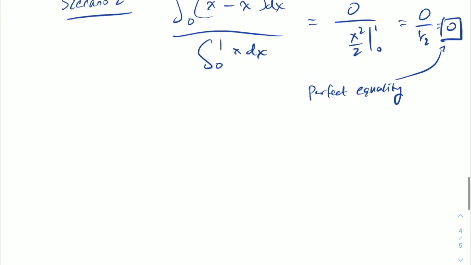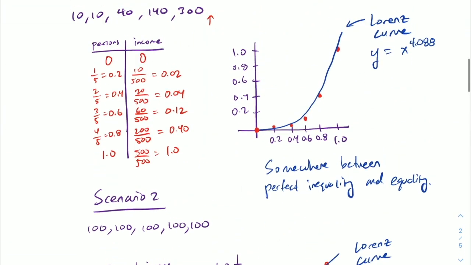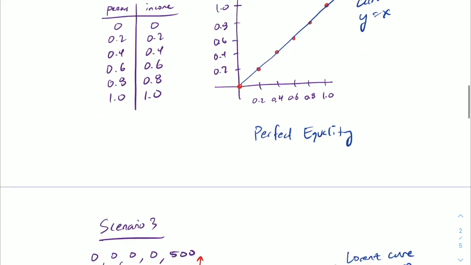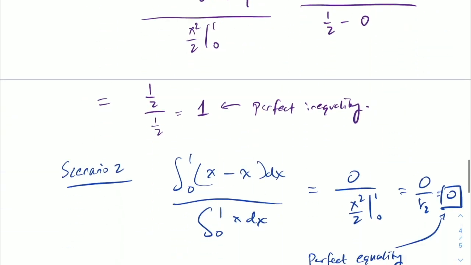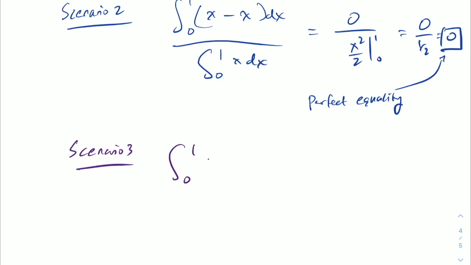Now let's look at scenario 1 to figure out where exactly between this 0 and 1 for the Gini coefficient this situation lies. All right, so we're going to do x minus x to the 4.088, and then we're going to divide by the integral of x dx.